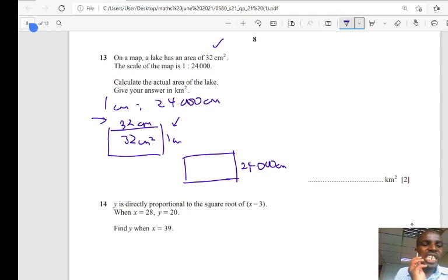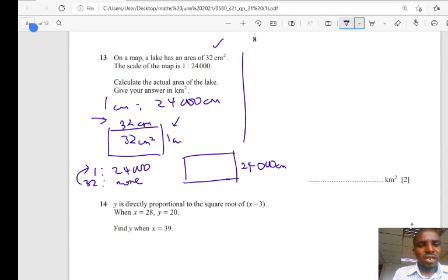Now we're left with 32 centimeters. You say 1 is equal to 24,000. What about 32? Use proportion. 1 is to 24,000. What about 32? It's more. So you say this over this times 24,000.